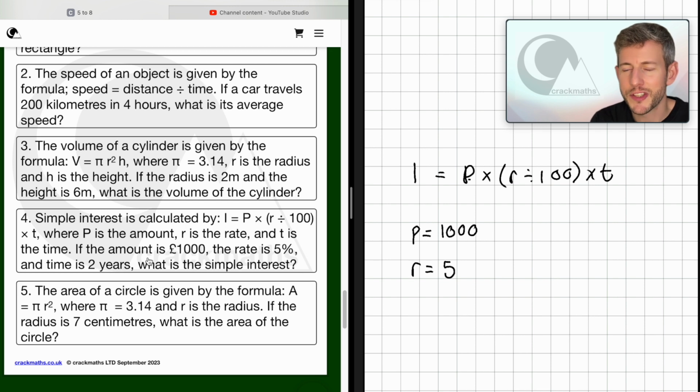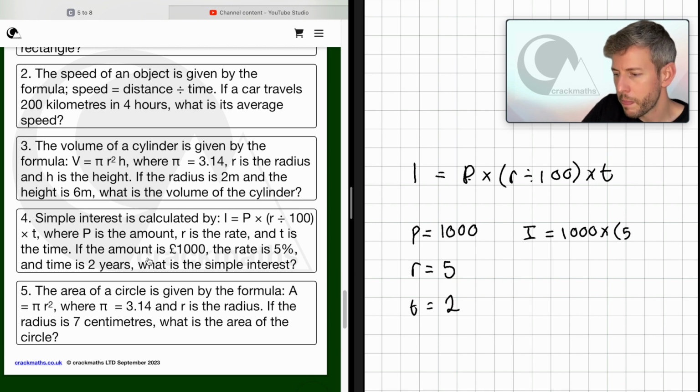And T is the time, and the time is 2 years. We're going to go for T equals 2. We can now put this information into the formula. So we've got I, which is the interest, equals P, which is 1,000, times by 5 divided by 100 times T, which is 2.